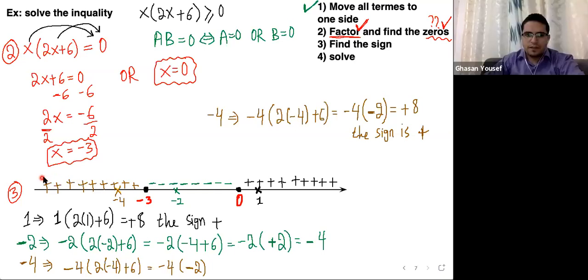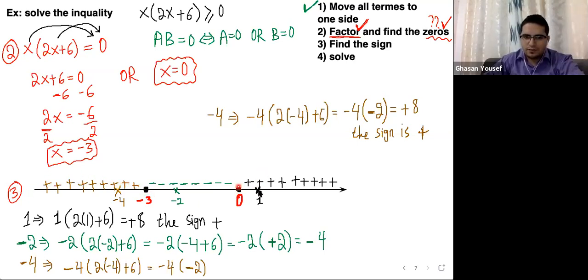From negative infinity to infinity will not be the solution for this one. Why? Because we have a negative answer if we plug any number between -3 and 0. So the solution will be from negative infinity to -3, and from 0 to infinity. All numbers here positive. See, Eric?